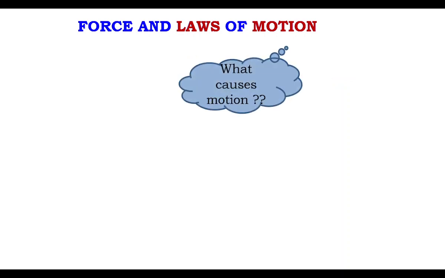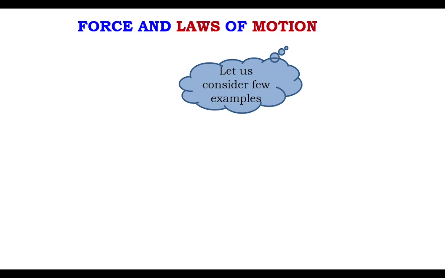In the previous chapter we studied that the motion is there when the body changes its position with respect to its surroundings, then the body is said to be in motion. But what is the reason behind this motion? What causes that motion? In this chapter we will get that answer.